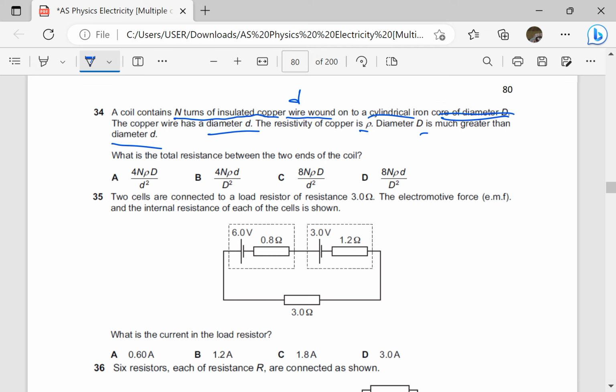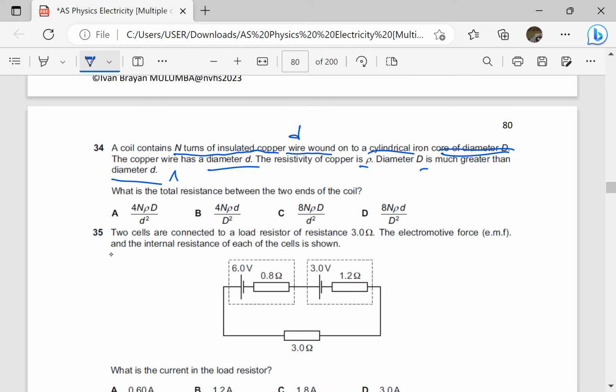Okay, since we know that the area is pi d squared over 4, that is for the wire, the cross-sectional area of the wire using small d. And then for the cylinder, let's assume this is the cylinder. And the wire is wound around the cylinder, so it means the circumference of the wire which is wound around the cylinder is going to be got from the diameter of the cylinder.